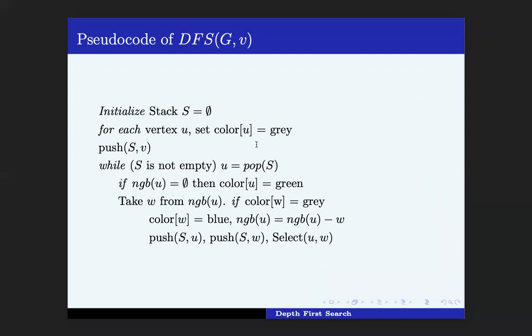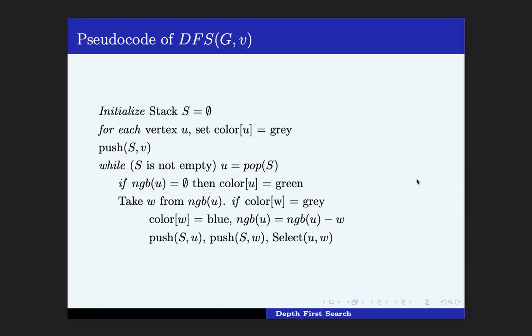So we know that any single directed edge cannot be visited twice because we are removing it upon the first time we visit it. And we know that to make any vertex green, we need to exhaust all its directed edges going out of it. So every single directed edge is visited exactly once.